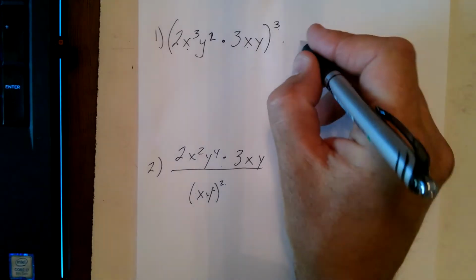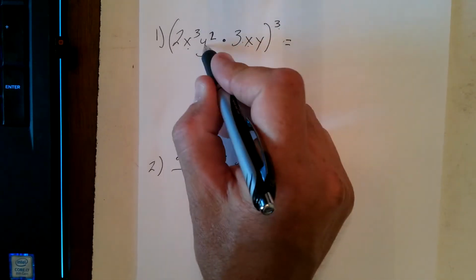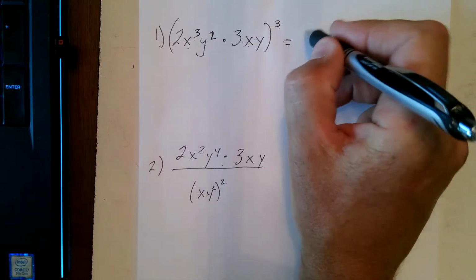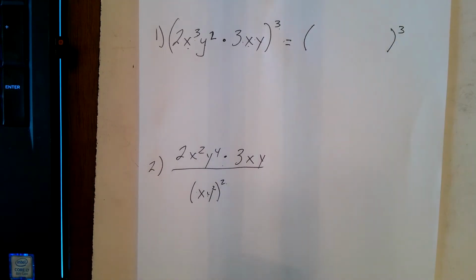So in the first one, we're going to do what's inside the parentheses first. Product means inside the parentheses we're going to add exponents. So we're still going to keep it to the third power.